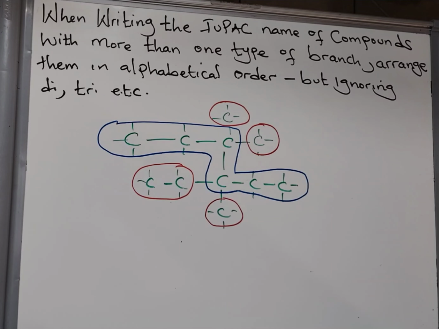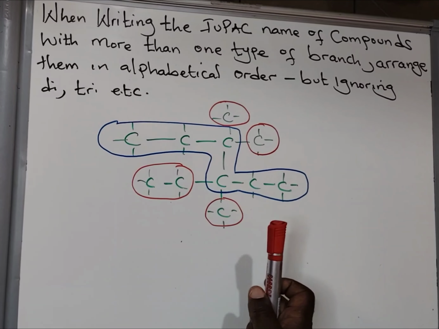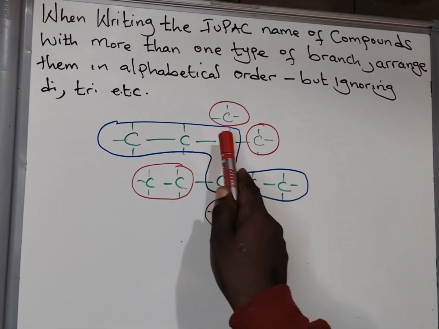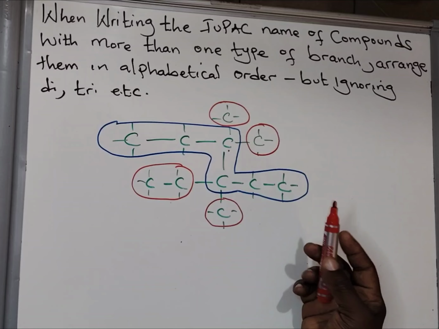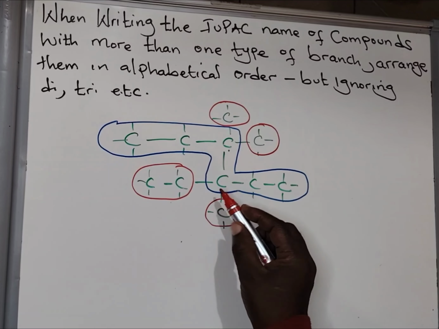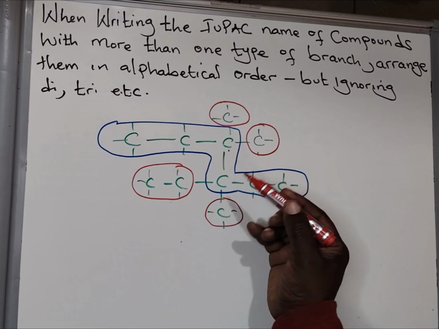So what is our next step? To identify the side which gives our branches the smallest numbers. So here, this is what we see. We are having 1, 2, 3. So this point is very important. And we are having here also 1, 2, 3. Yes, this one here.